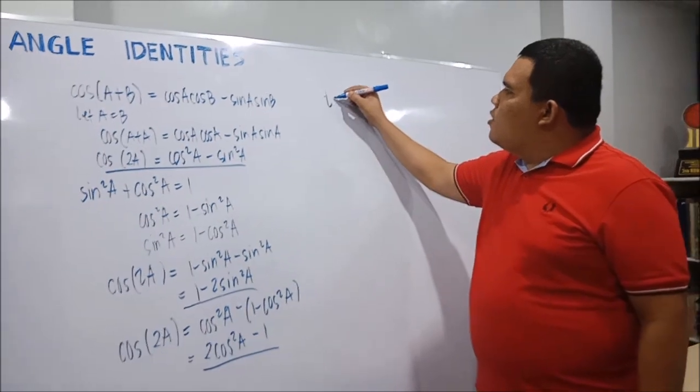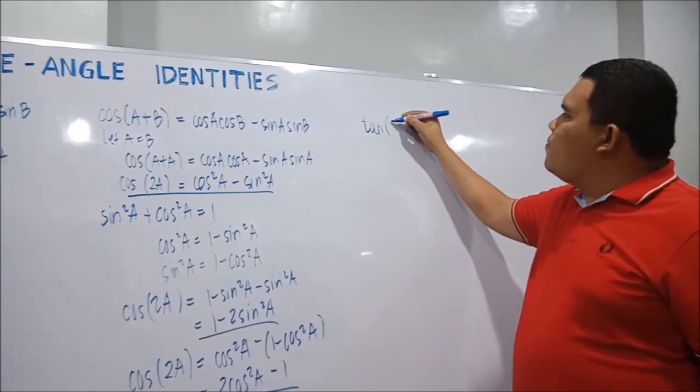For the tangent double angle identity, we make use of the tangent sum.